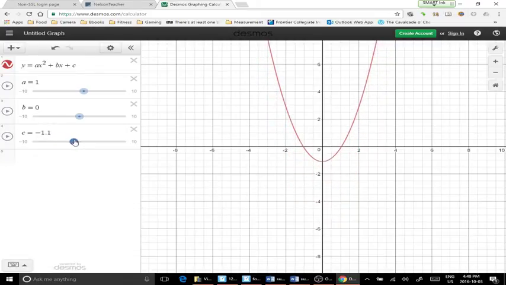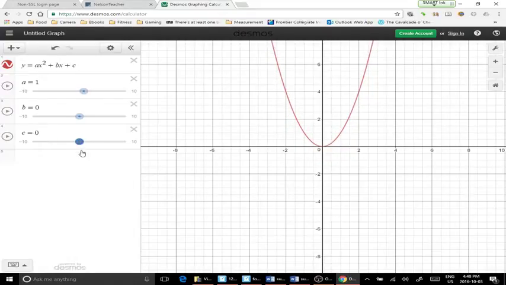The shape doesn't change, and there's only one type of movement, up or down. If C gets bigger, it's up. If C gets smaller, it's down. Okay?